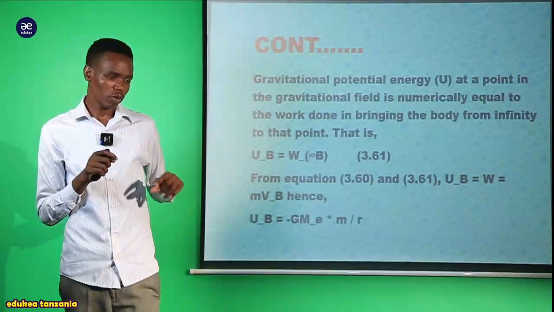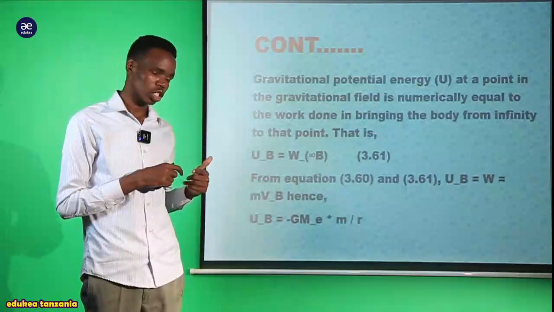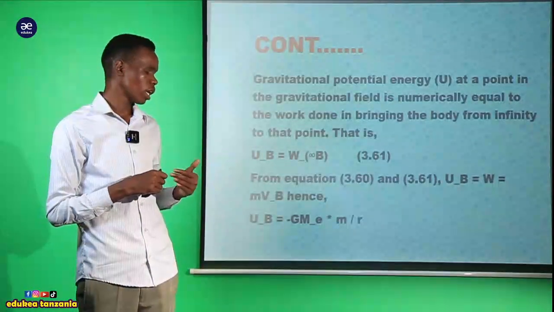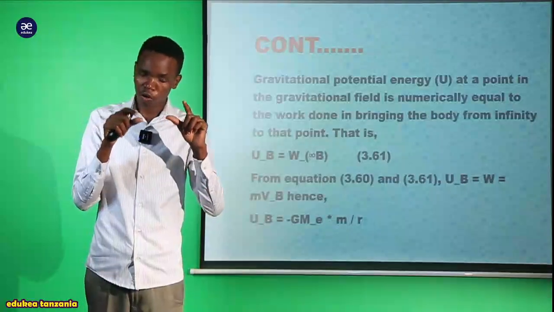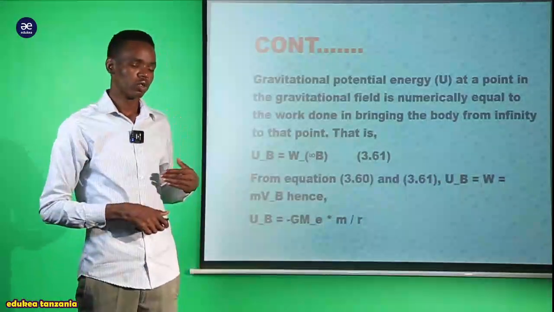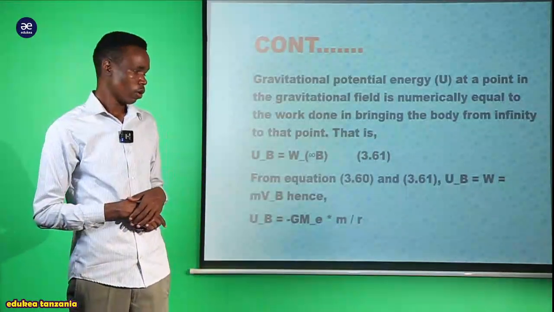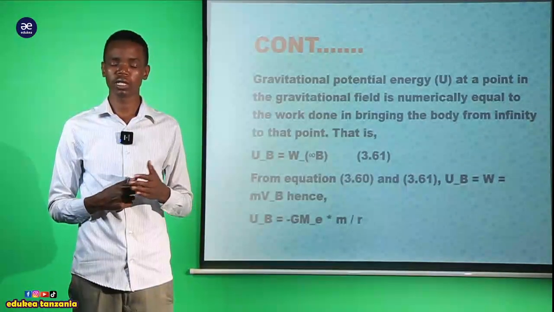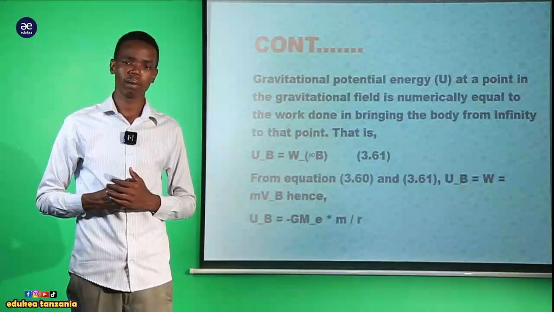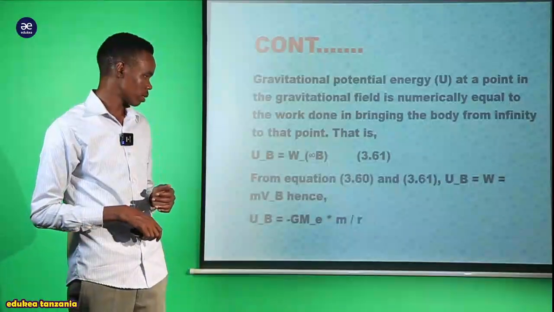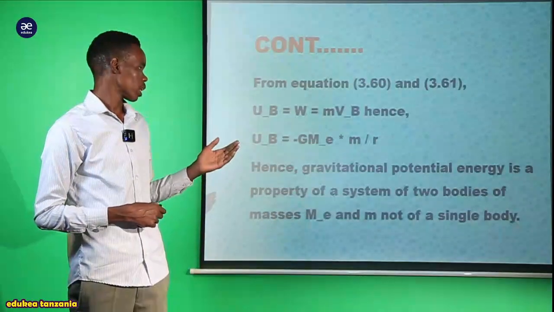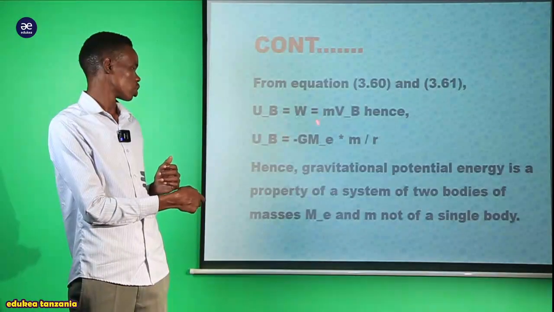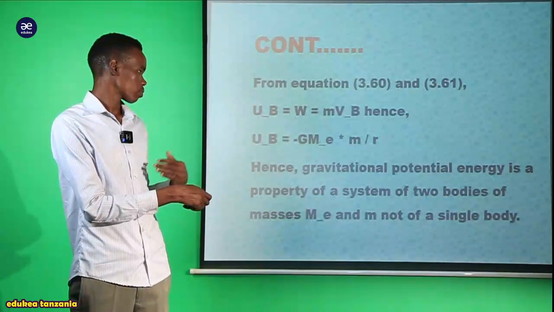Multiplying by the mass of the body, we obtain the gravitational potential energy, which is equal to negative GMe m divided by R, where Me represents the mass of the Earth and m represents the mass of the body. That is the formula for obtaining the gravitational potential energy.